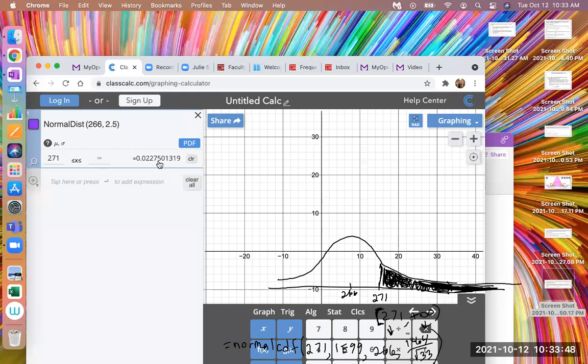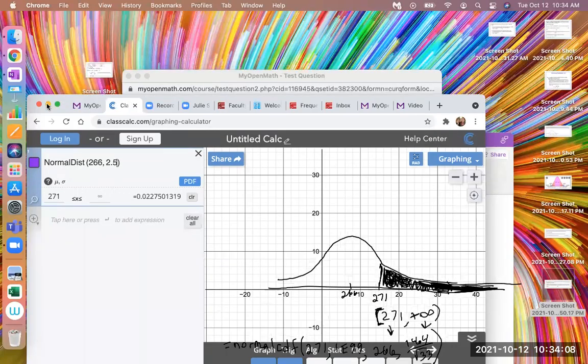All right, so that's just a little side note here. If they ask you previously, in the problem, to round off the standard deviation, then you probably want to use that rounded version of the standard deviation when it comes to the final answer.